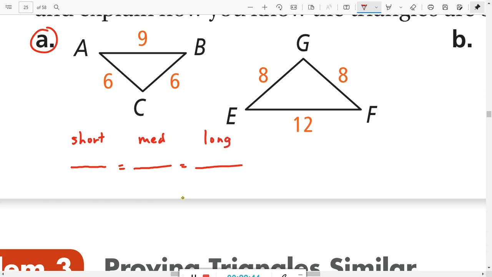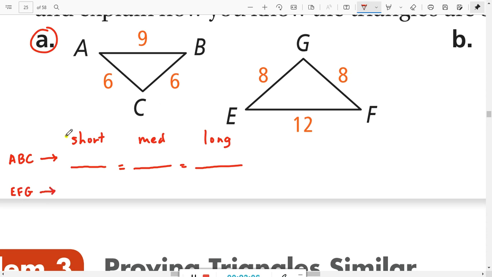All right. For the numerators, I'm going to use this triangle, ABC. For the denominators, I'm going to use this triangle, GEF. Or EFG, doesn't matter at this point.